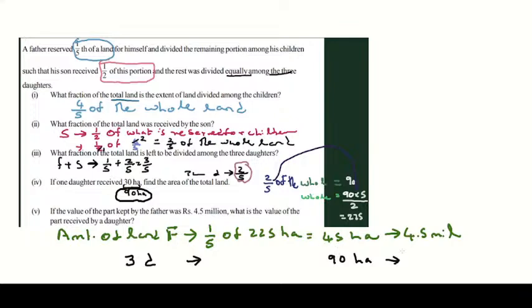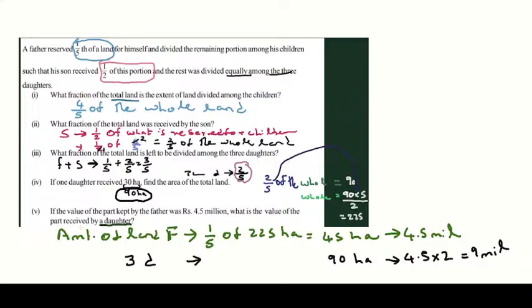So the value of the land all three daughters got collectively is 4.5 times 2. That is 9 million. But remember, this 9 million is the value of the land all three daughters got collectively. They are asking for what? What is the value of the part received by a daughter?